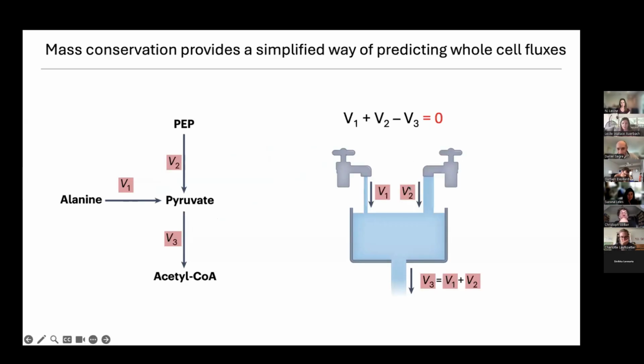And Suzana was talking about time. I illustrate this with water. You have pools of metabolites, and reactions contribute to different metabolite pools in multiple ways. And overall, when we impose this steady state, all we're saying is the rate of production and the rate of consumption have to balance each other. And this leads to these very nice linear equations where the variables are the rates or fluxes of the reactions.